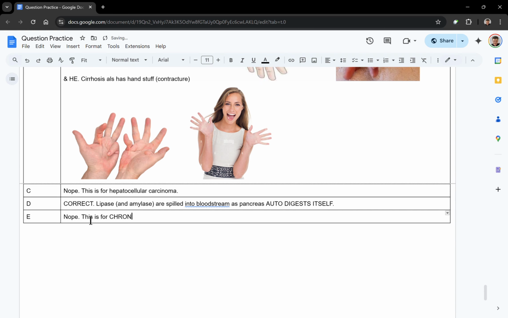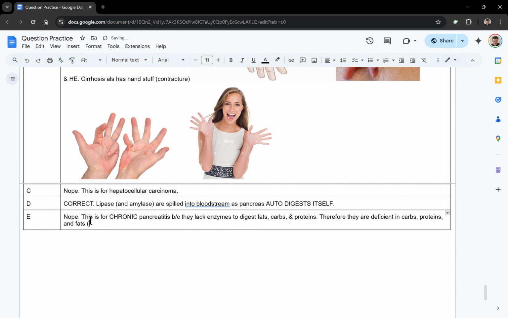This is for chronic pancreatitis, because they lack enzymes to digest fats, carbs, and proteins. Therefore they are deficient in carbs, proteins, and fats, and in fat-absorbed vitamins.